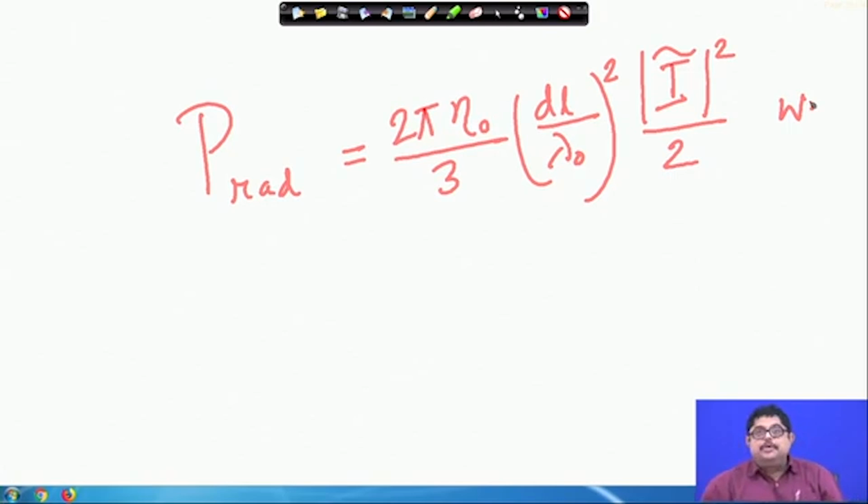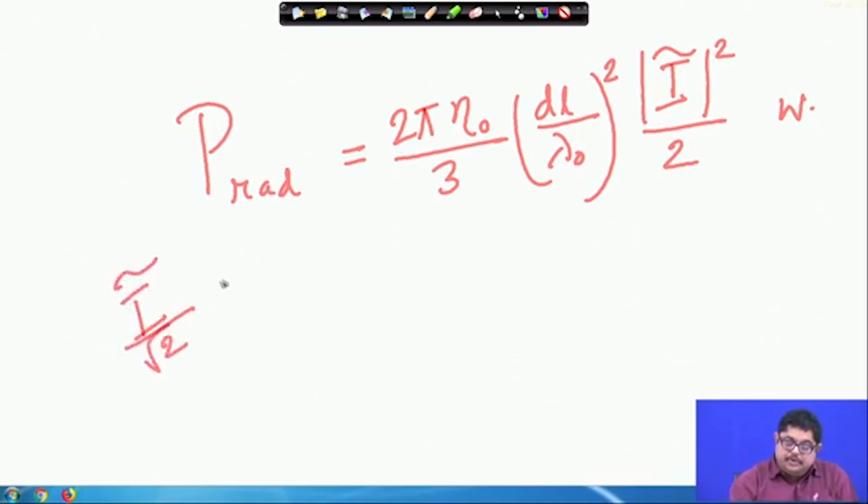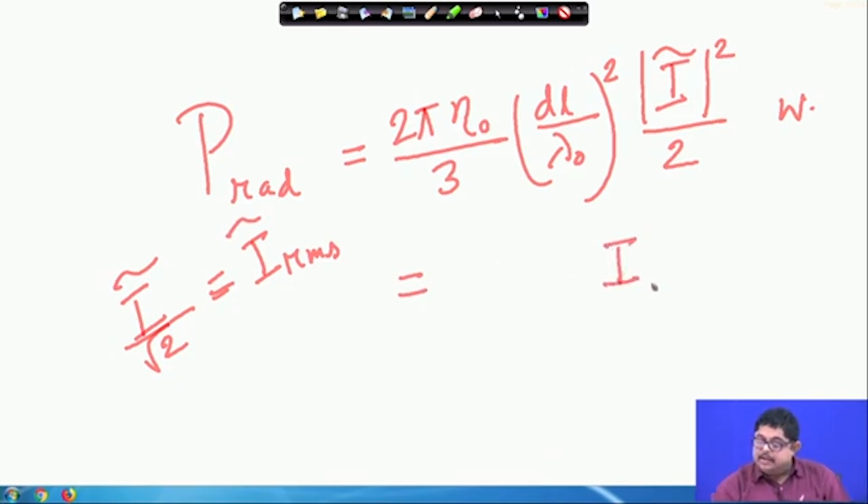Now, from here, if I call I by root 2 as I RMS because it is a sinusoidal power, in those terms I can write it as I RMS square times the whole rest. You see power is equal to I square R, so who is missing?